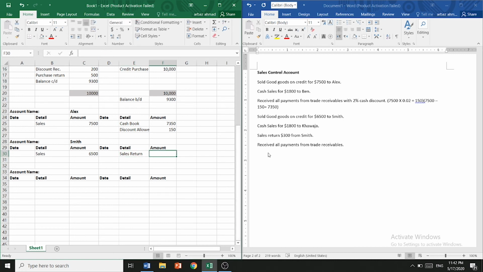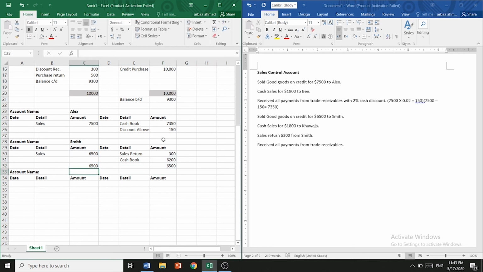Sales return is 300, and he received all the payments, and he paid all the payments. That will be cash book or cash, anything you want to write depending on what account you are having. Okay, and the balance will be 6,200, I guess. Yeah.